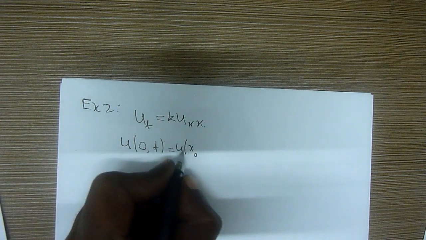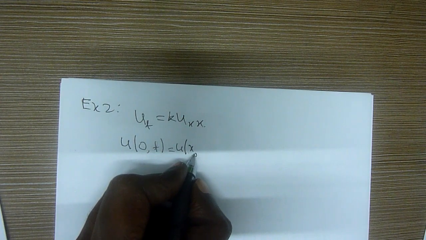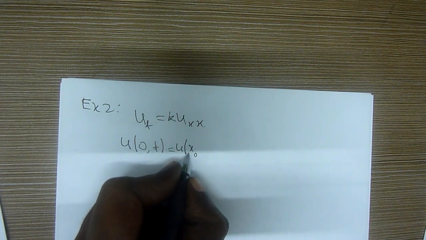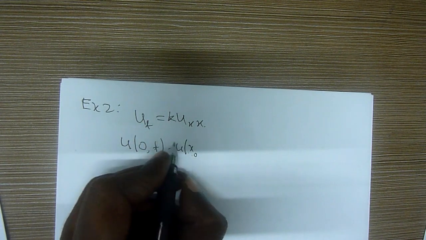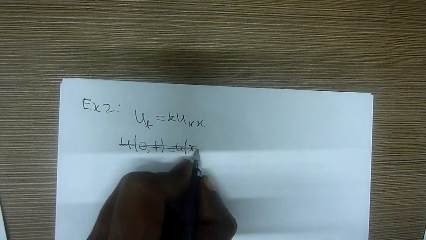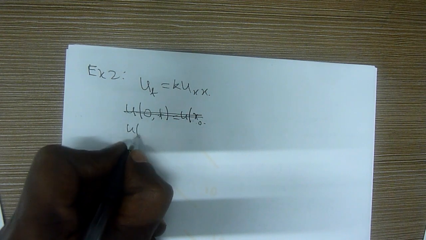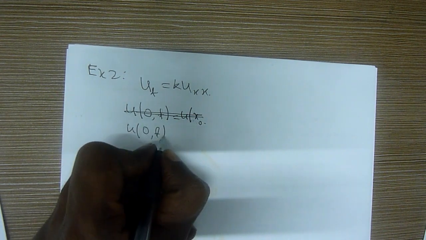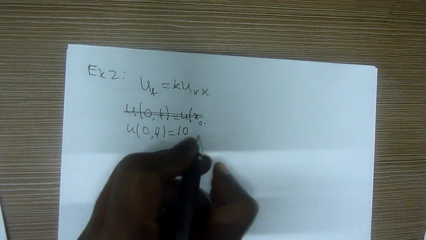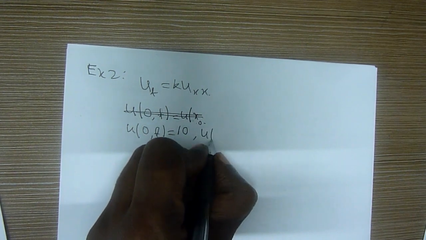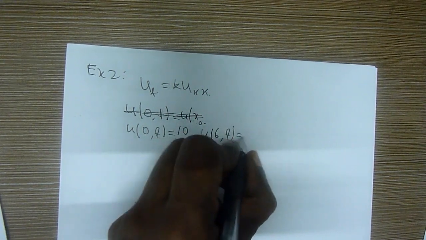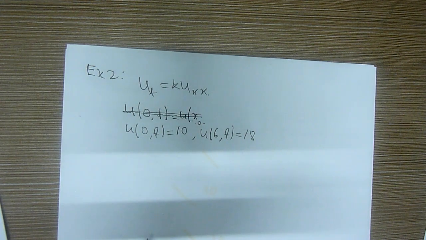The x naught is 0. This cannot be the same. I purposely break it into 2. u 0, t is 10 and u 6, t is 18. First time you are seeing something different, right?